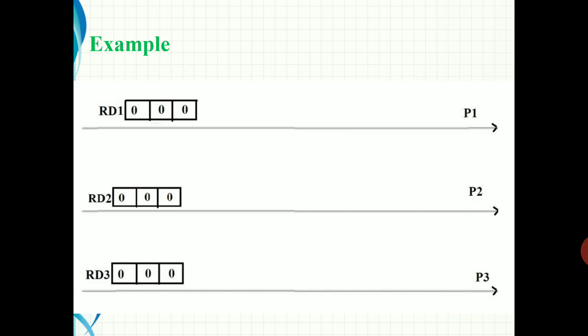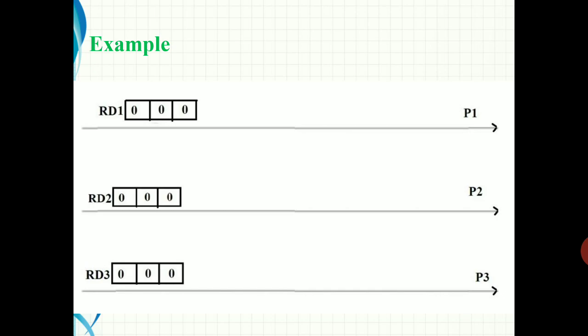The size of the request deferred array is based on the number of processes in the system. So this system contains 3 processes, and the size of the request deferred array is 3. You can see each array contains 3 positions.